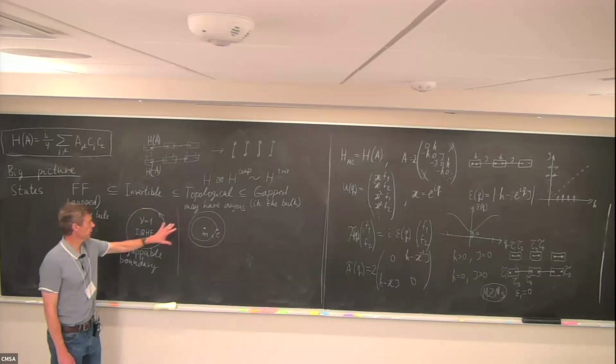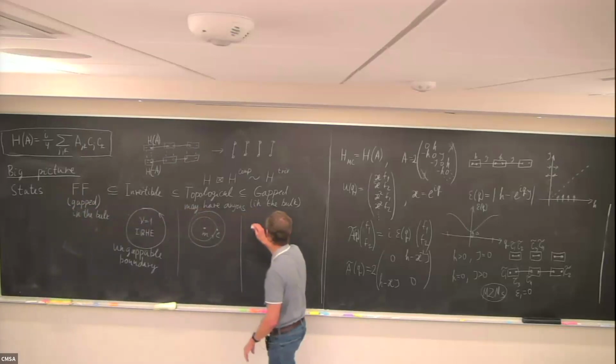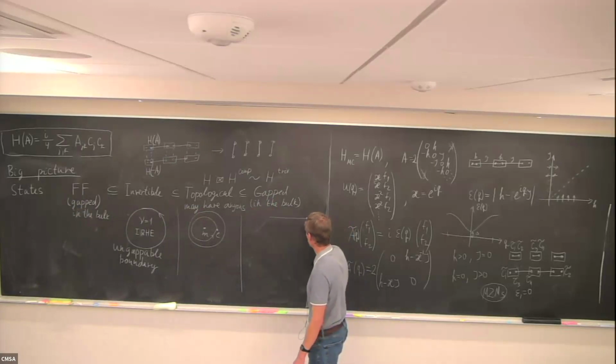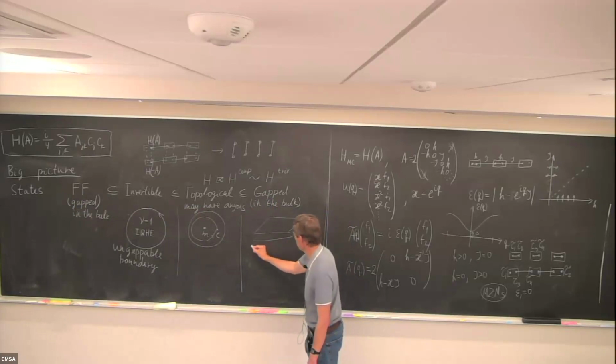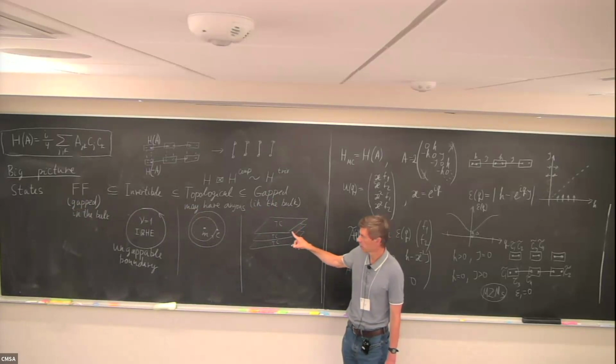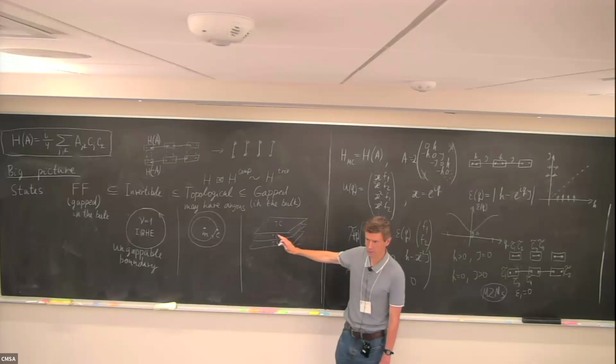So topological phases may have this feature and that feature. Systems that are gapped in the bulk are not necessarily topological, meaning that they have more features that are sensitive to fine geometric details. This is an example. If we consider a stack of toric code layers, each layer carries anyons, and those anyons cannot move from one layer to the other layer. They are distinct.